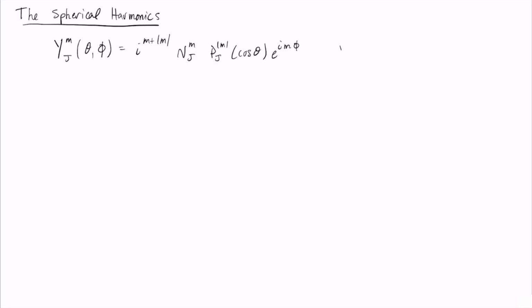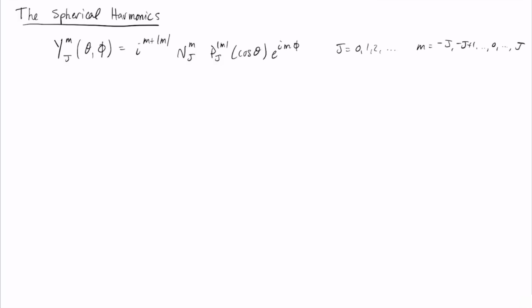And this ranges from j equal to 0, 1, 2, etc., and m equal to minus j plus 1 up to 0, and then on past to j.